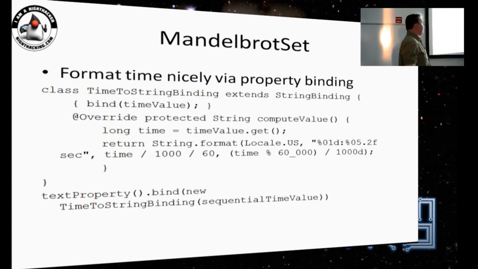And this is a reminder for those who are new to JavaFX that in JavaFX everything is a property, and it is recommended, and it's the JavaFX style, to bind properties instead of doing direct set method invocations.